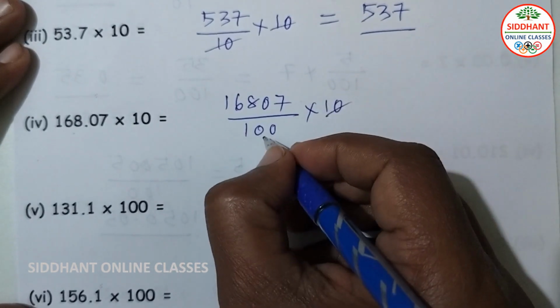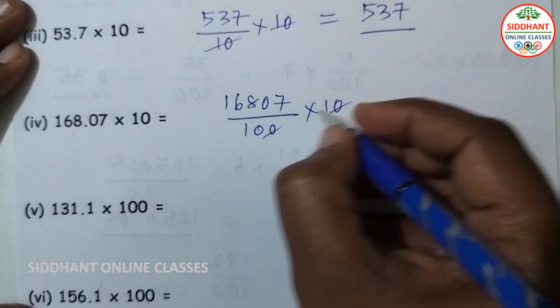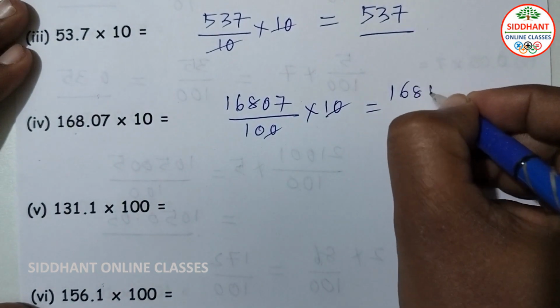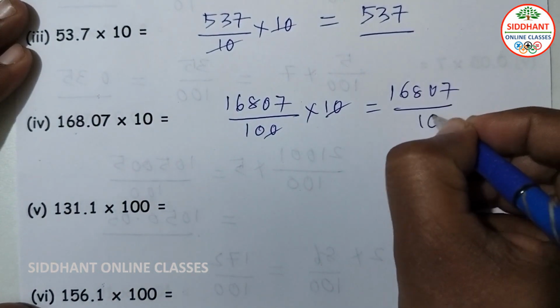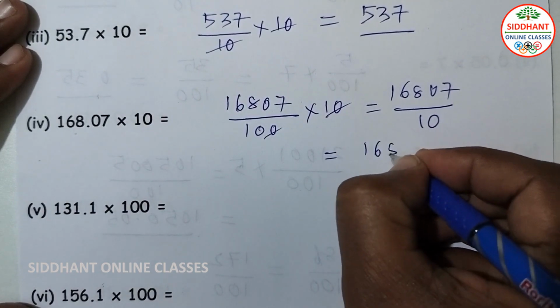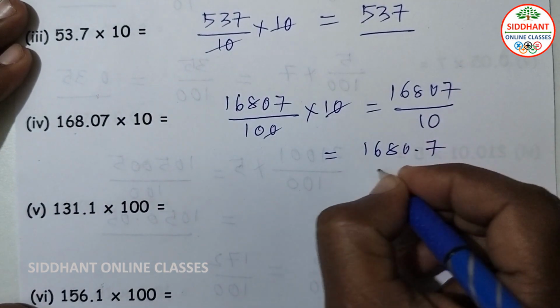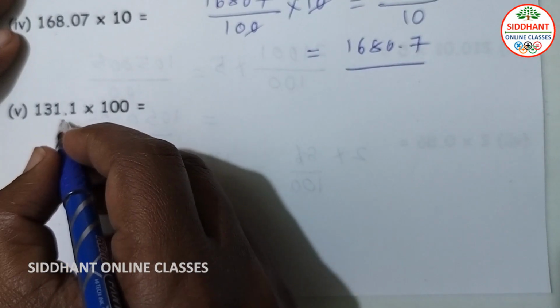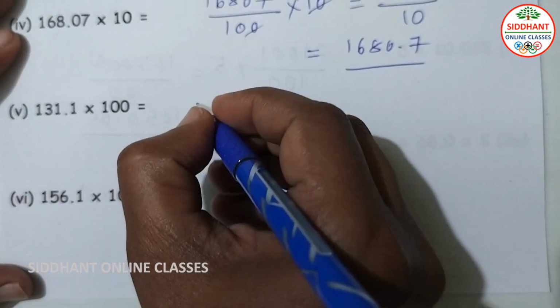So here 10, here 0 cancel, we get 1680.7.